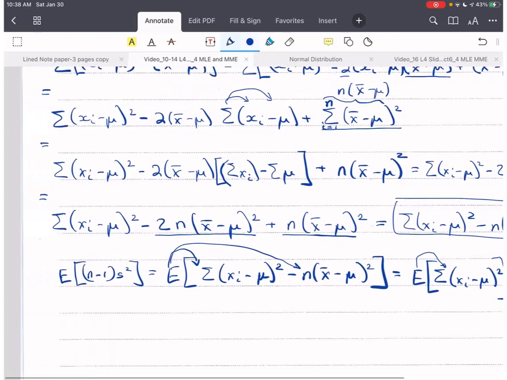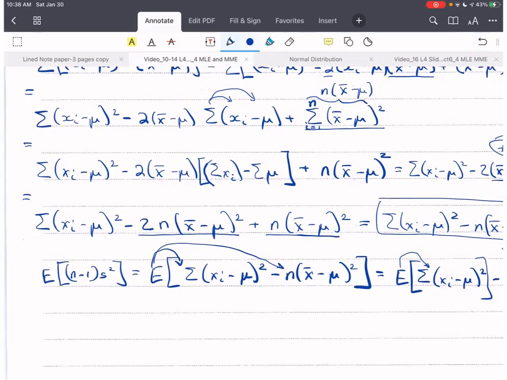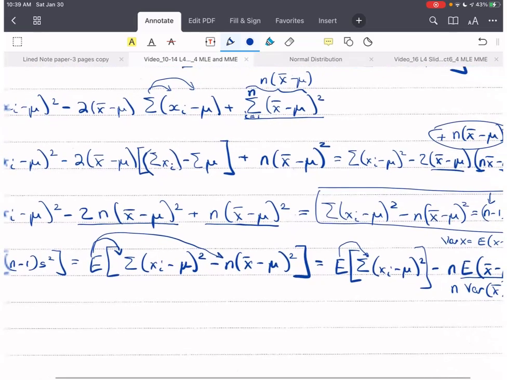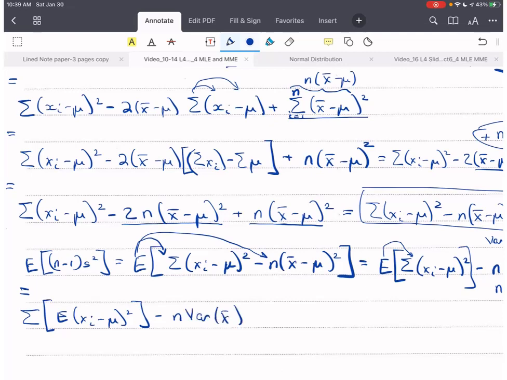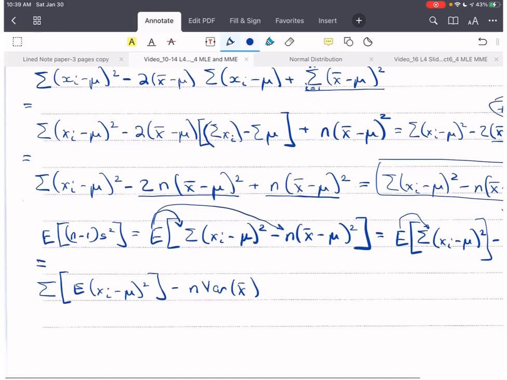So equals, now I have the sum of E of xi minus mu quantity squared minus n variance of x bar. So now this is the variance of xi, which they're IID, so that's going to be sigma squared, minus n variance of x bar.